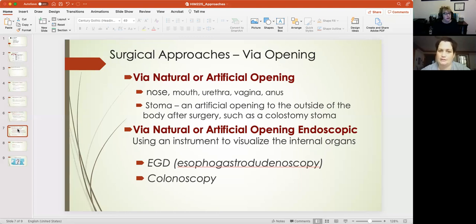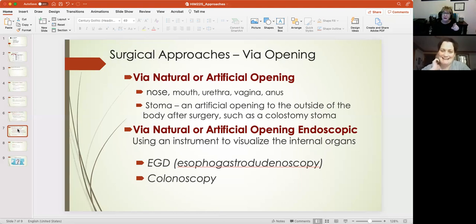And actually, that is what an EGD, which stands for esophagogastroduodenoscopy, is, again, scopy, we mean to look. We go through the esophagus, gastro, the stomach, duoden, and duoden is the duodenal. So that's why we made you take medical terminology before you came into this class. So you go, oh, esophagogastroduodenoscopy has 4,000 letters in it.